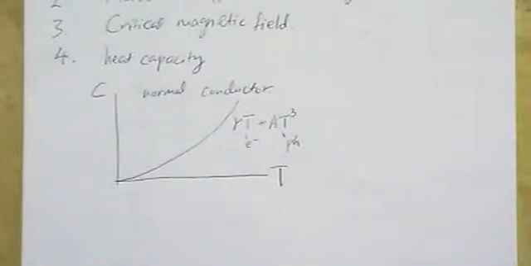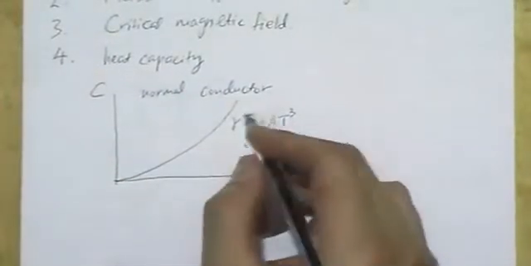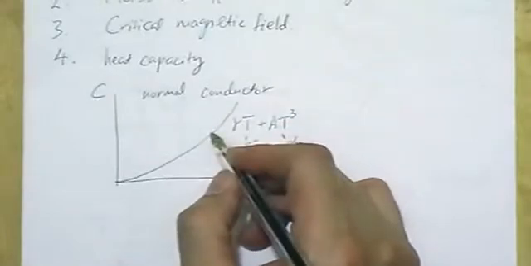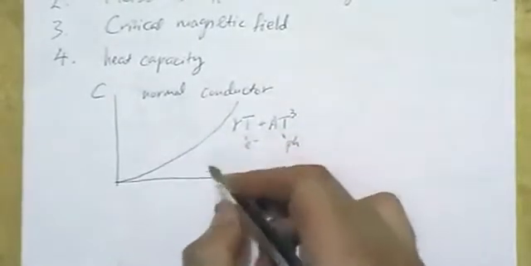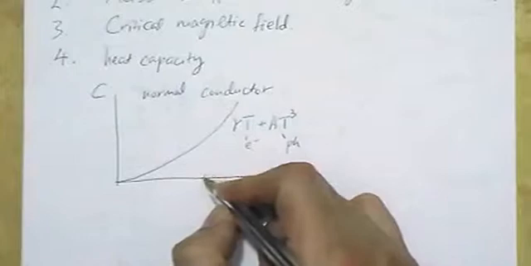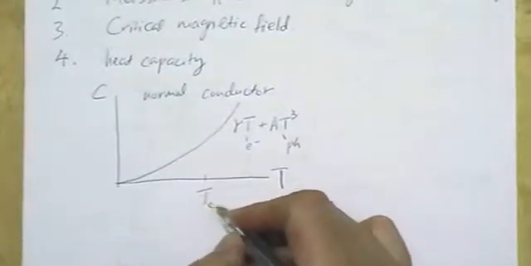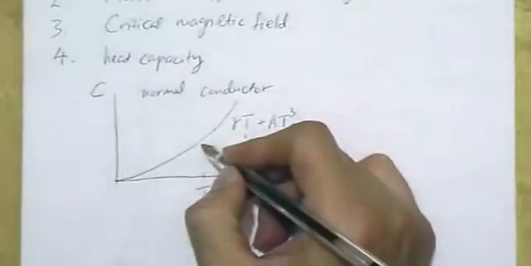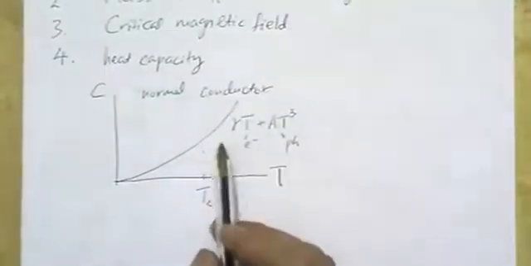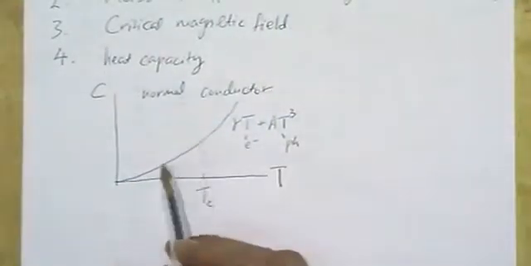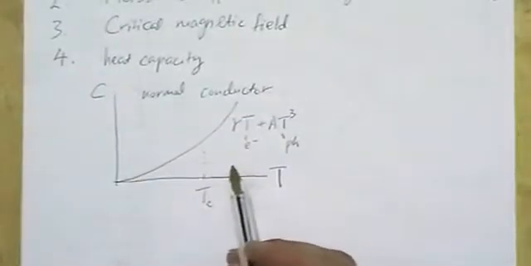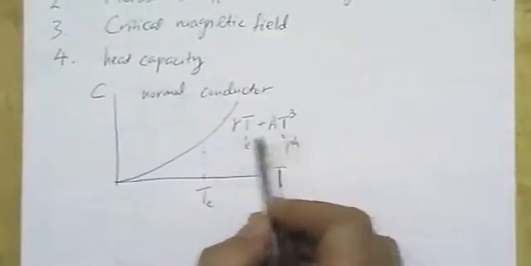But it is found that when the normal conductor falls below the transition temperature of the superconductor, right, the normal conductor would become a superconductor, and it was found that below this temperature the shape of the graph becomes very different from this formula.